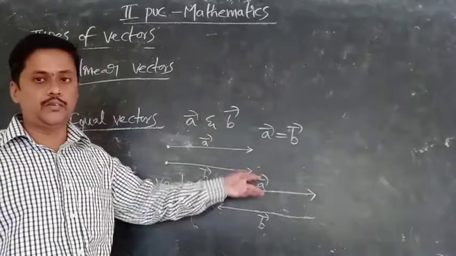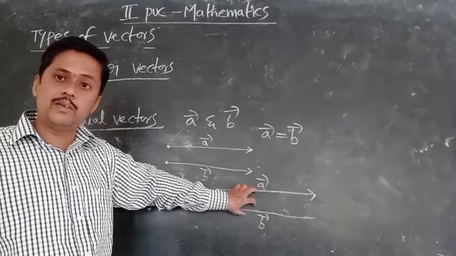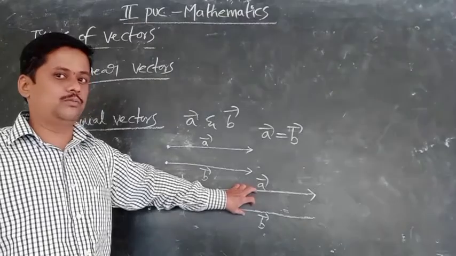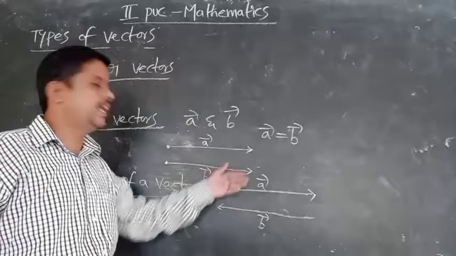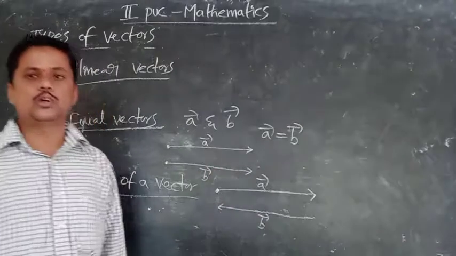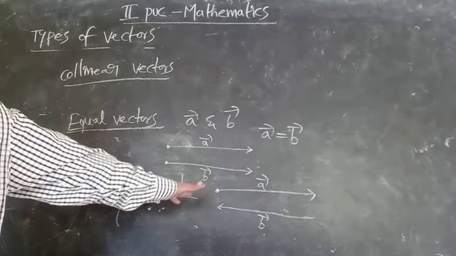The b vector is called the negative vector of a. The a vector and b vector have the same magnitude, but the difference is the opposite direction to the a vector. Therefore these are called negative of a vector.